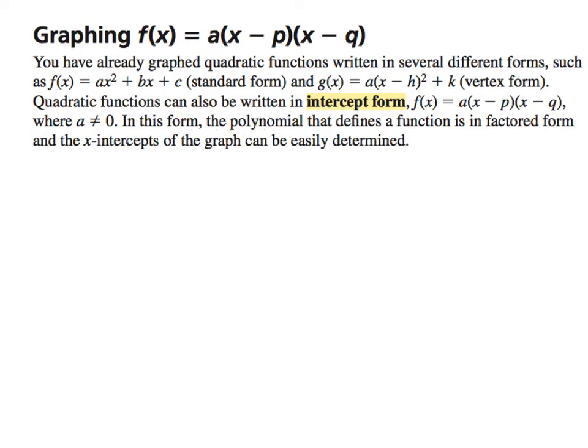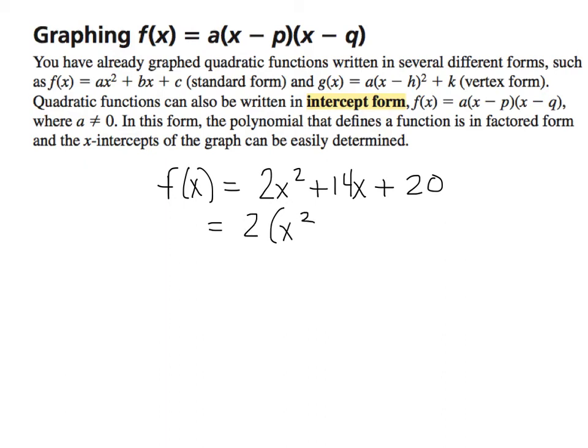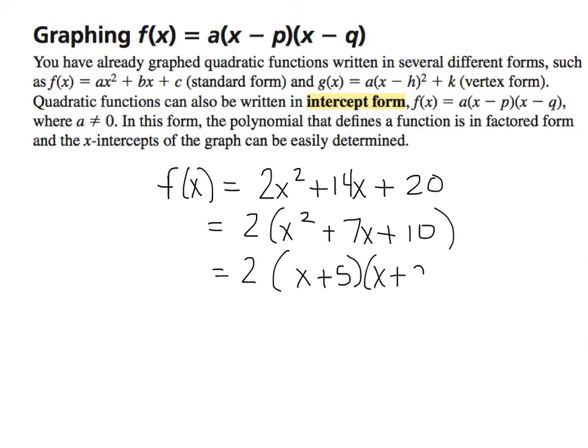So here's what it means. Let me show you an easy way of what I am talking about. If I gave you f of x equals, let's say, 2x squared plus 14x plus 20, and I said to factor this, you would first factor out a 2, and then factor into binomials, which would be 2 times (x plus 5) times (x plus 2).